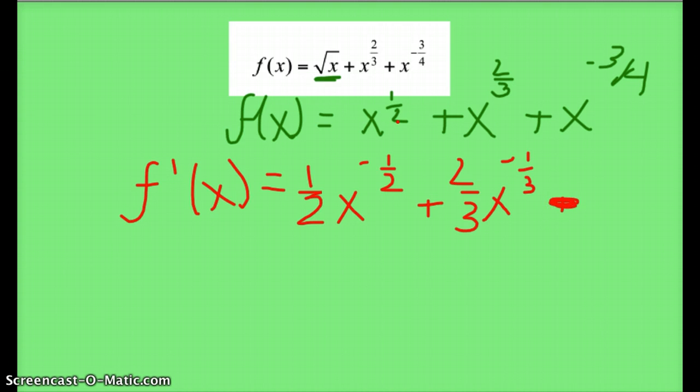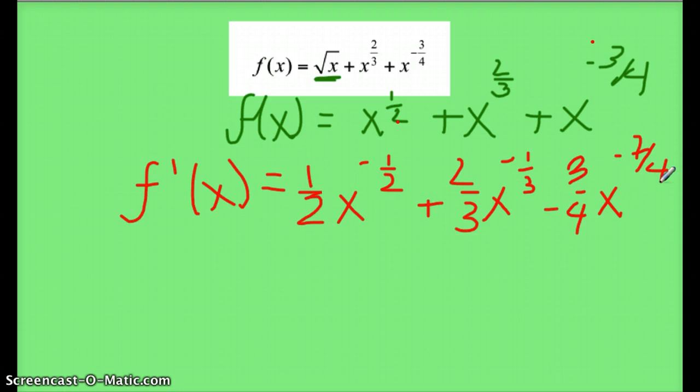Sorry, that's a minus sign right there. It's a minus, because of this minus sign right here, 3 over 4, x, negative 3 over 4 minus 1 is equal to negative 7 over 4.